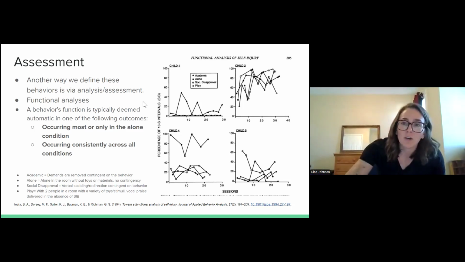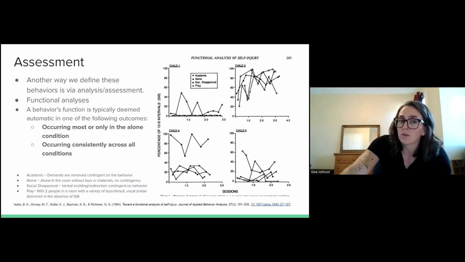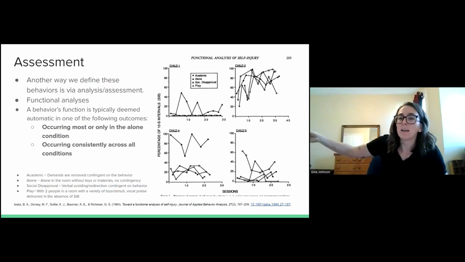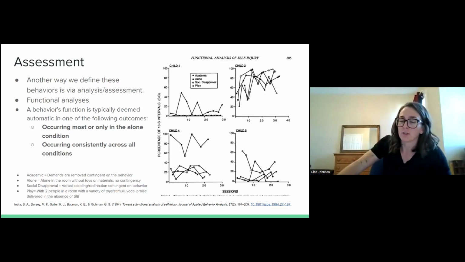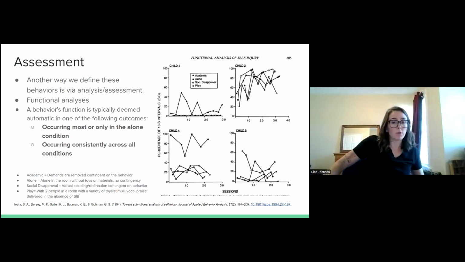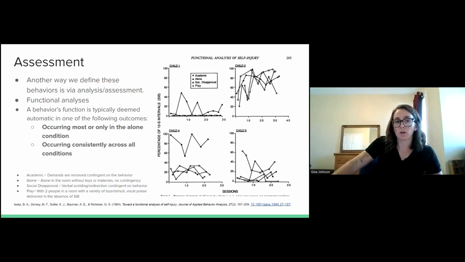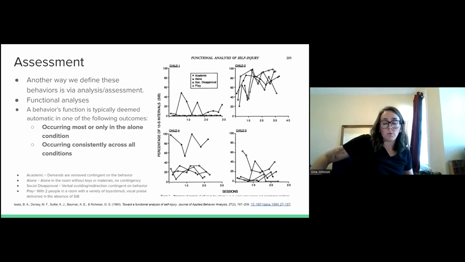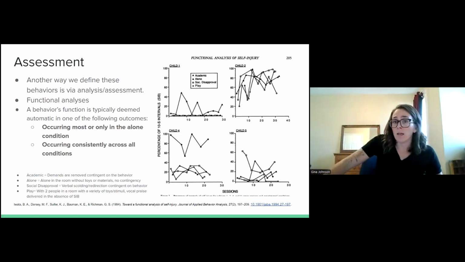And this is one of the first times where you see these two patterns that we end up calling automatically reinforced behavior. So child number 2 and child number 4 represent 2 kids where, if we got these results in our functional analysis, we would call this an automatic function.